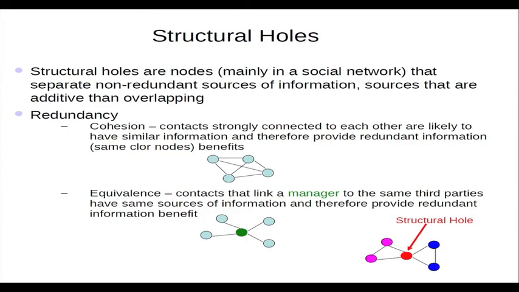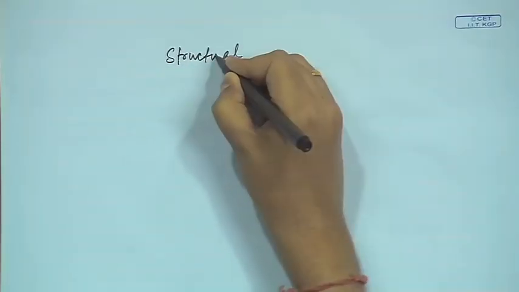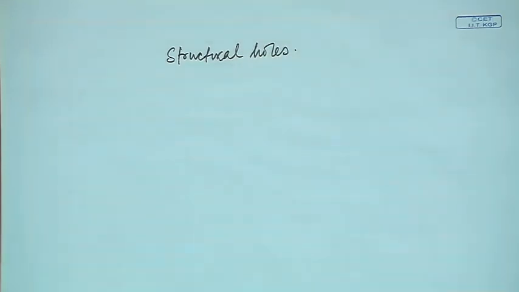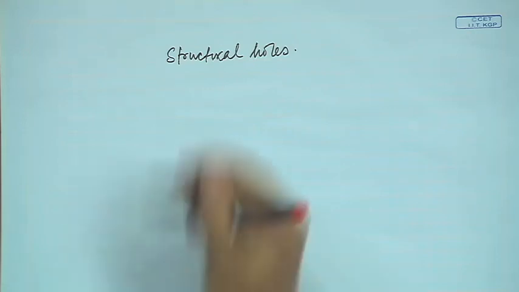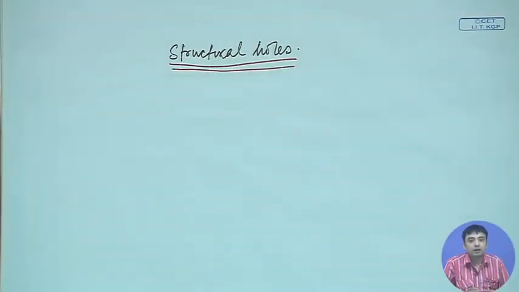So, the next idea that we will talk about is structural holes. So, this is also again a very interesting idea, and we have already looked into some sort of a quantification of this idea in one of our previous lectures when we discussed betweenness centrality.